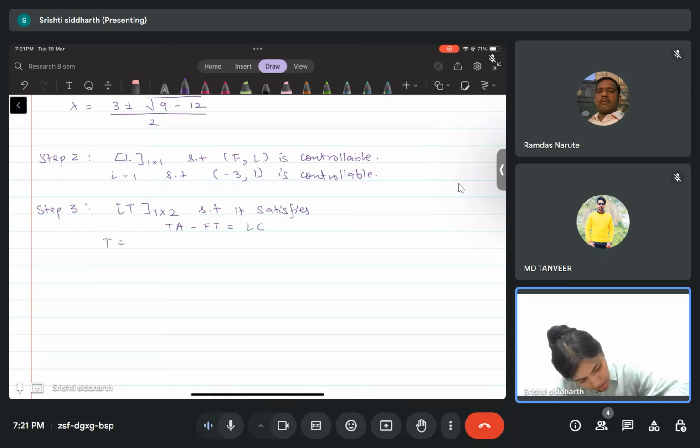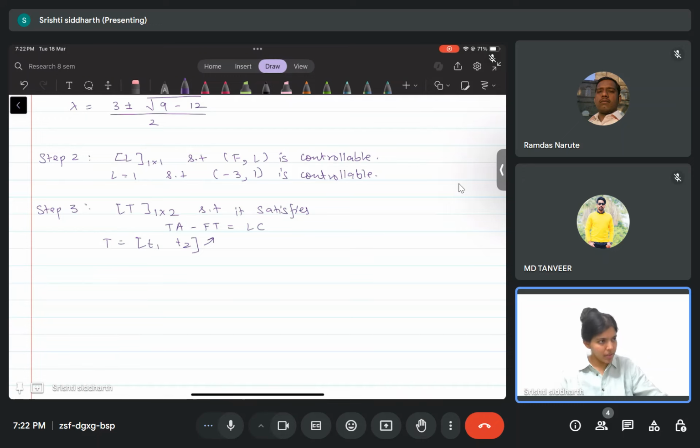So T is going to be, let's say, T1, T2. We can substitute this in this equation. We already have A, F, L, and C. We will have two equations and two unknowns. We can find out what T1 and T2 are.